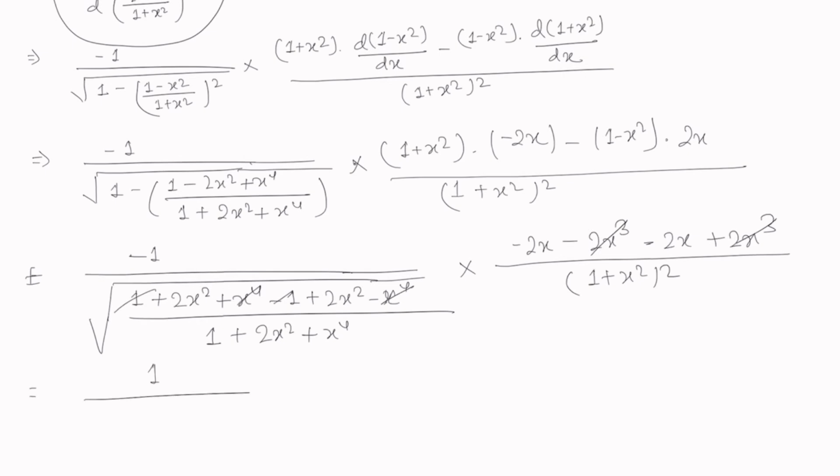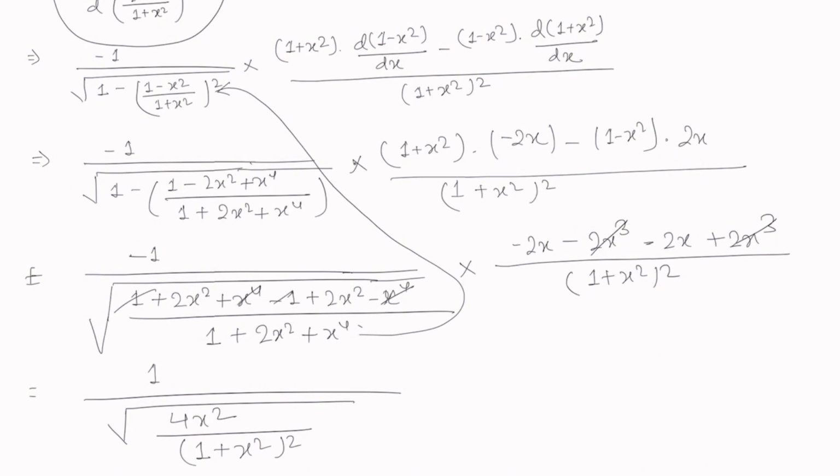So here we will have 1 upon root under 4x square upon (1 plus x square) whole square. We have reformed this value so that we can remove the root from the denominator, and we have here minus 4x upon (1 plus x square) whole square.